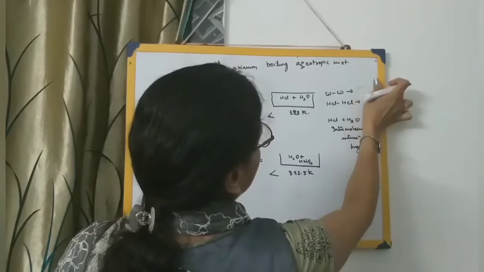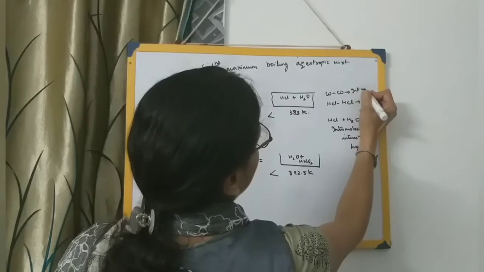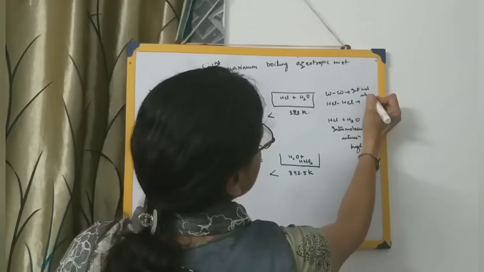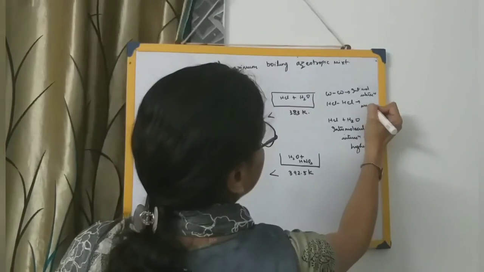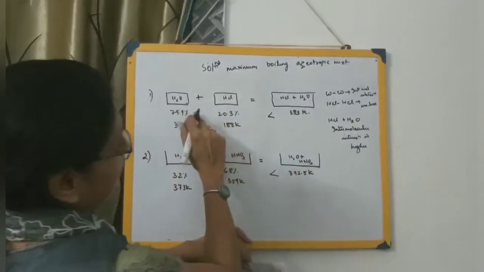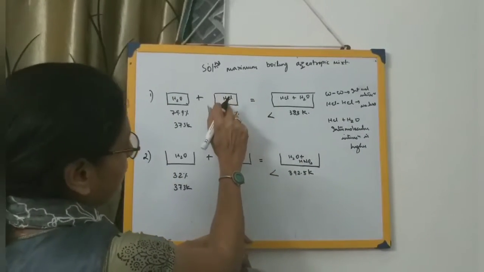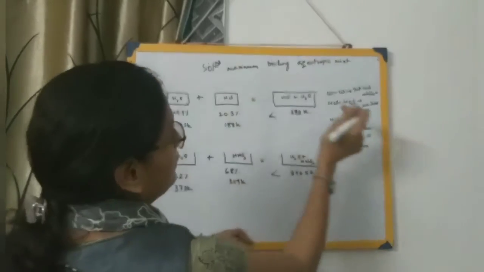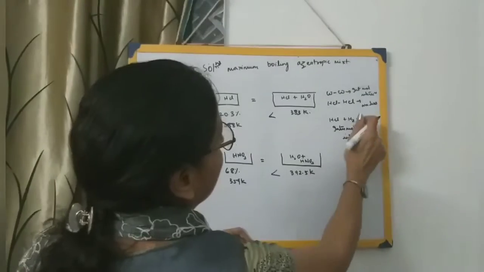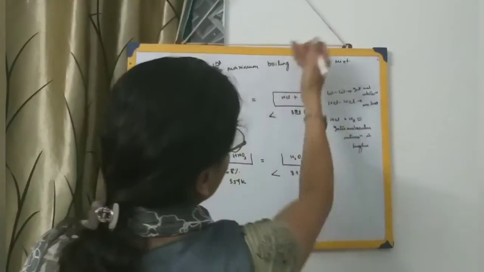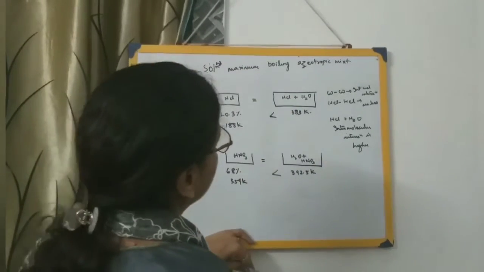I am writing down in short, I don't have sufficient space over here. So these intermolecular interactions are less: the intermolecular interactions between water and water, and between hydrochloric acid and hydrochloric acid, are lesser as compared to the intermolecular interactions between water and hydrochloric acid, and hence it is going to boil at a higher temperature, leading to the formation of a maximum boiling azeotropic mixture.